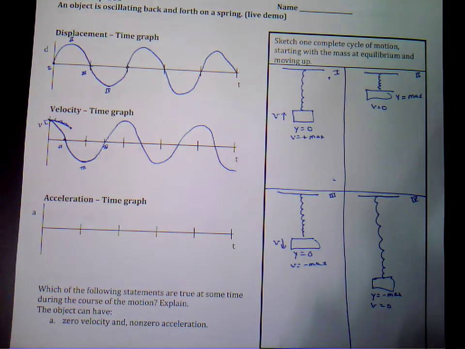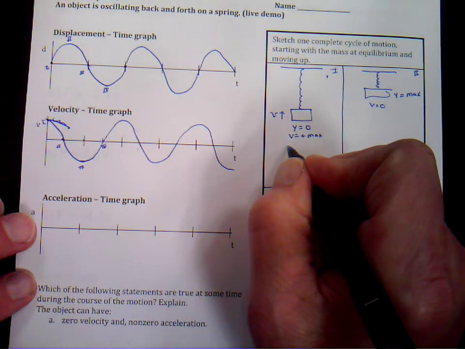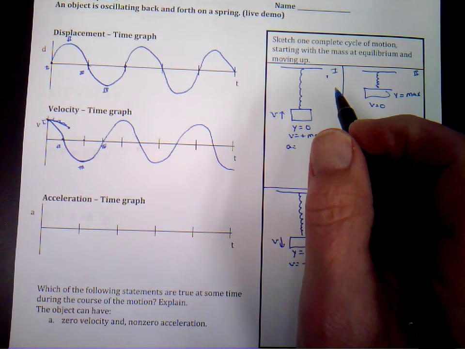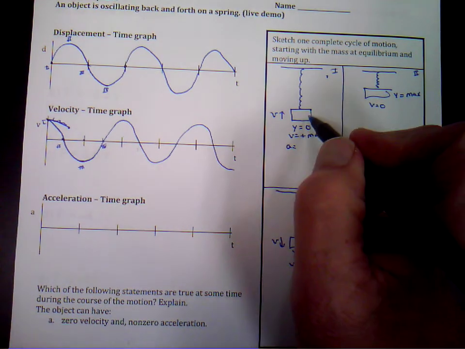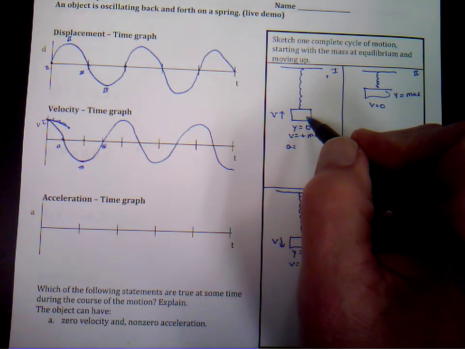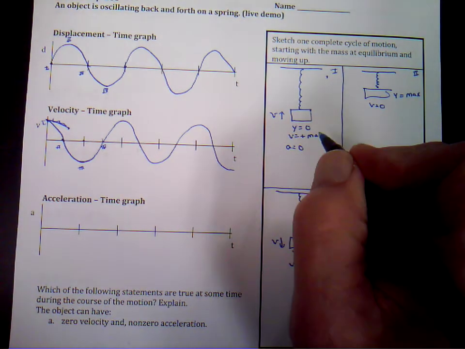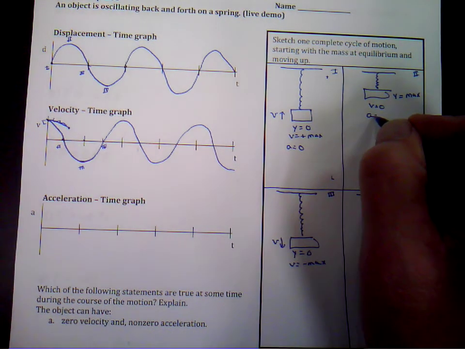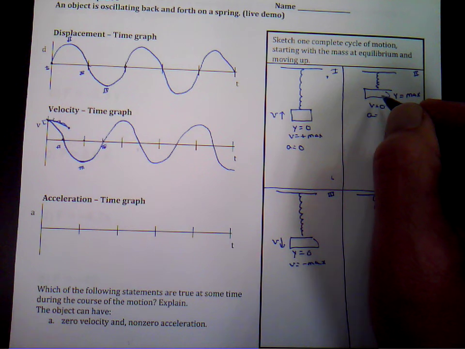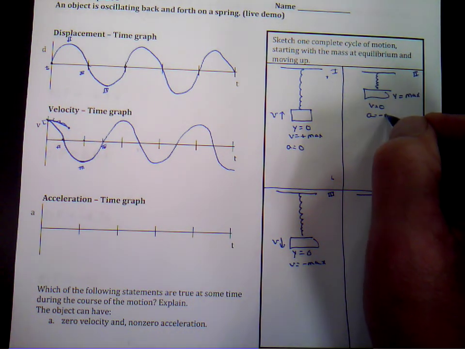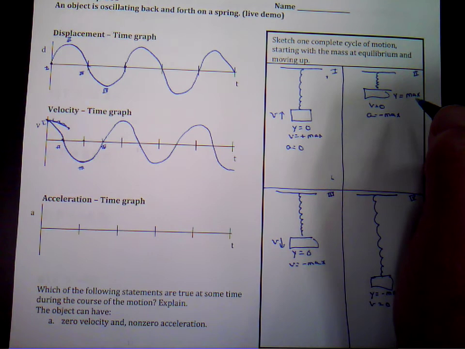Now let's look at acceleration. Acceleration here, at the equilibrium position, the net force is 0. So if the net force is 0, the acceleration has to be 0 meters per second squared. The acceleration here, the net force is down. That's the largest net force that it has, so it has a negative maximum acceleration at this point.